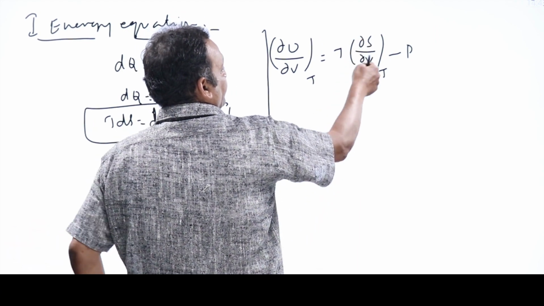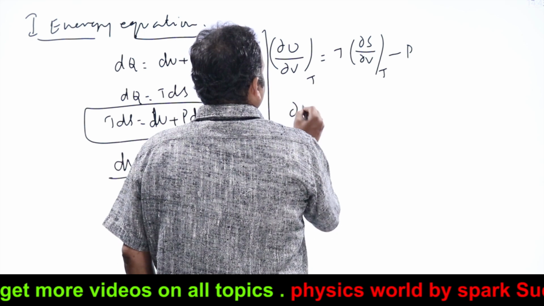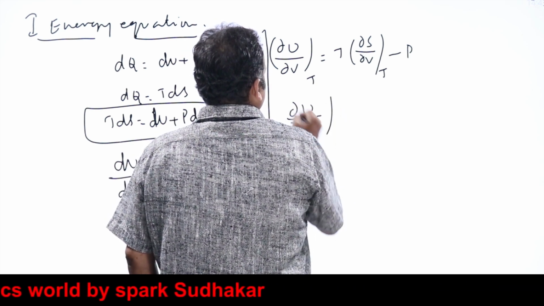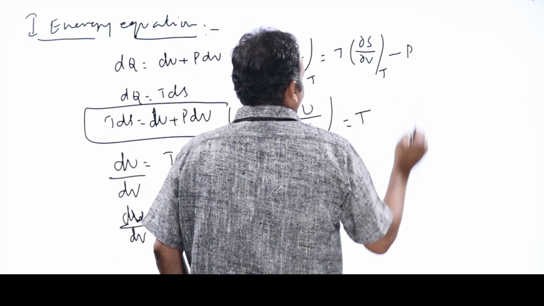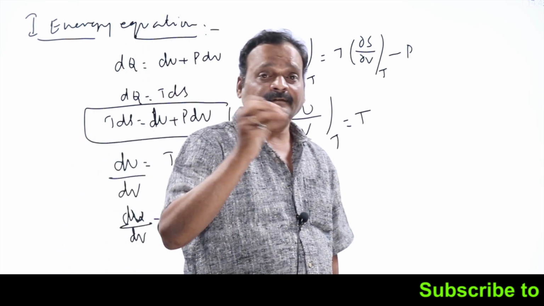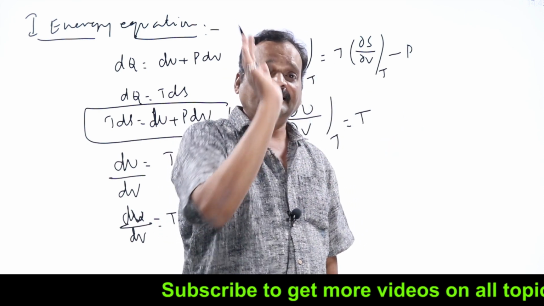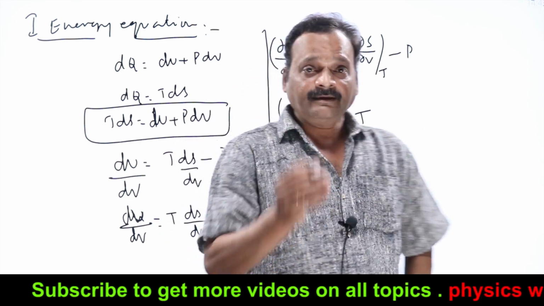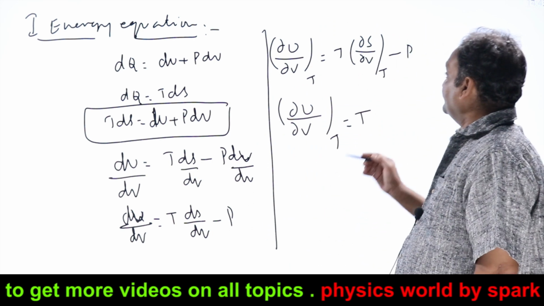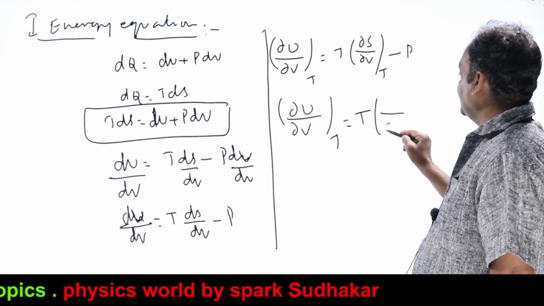Convert this dou s by dou v at constant T using Maxwell's equation. I told you, don't try to memorize Maxwell's equations by heart. There is an easy way of identifying: if you know the LHS, you can easily write the RHS, and if you know the RHS, you can easily write the LHS. The technique we saw in the last video: whatever is constant here goes into the denominator.